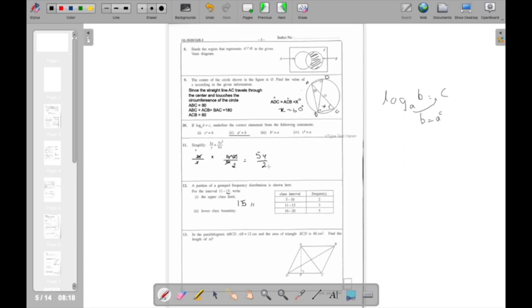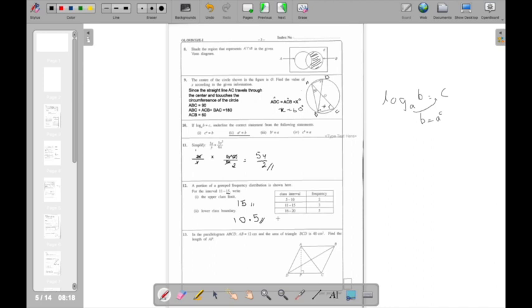For this one also, let's put an equal sign. The lower class boundary for this will be 10.5.